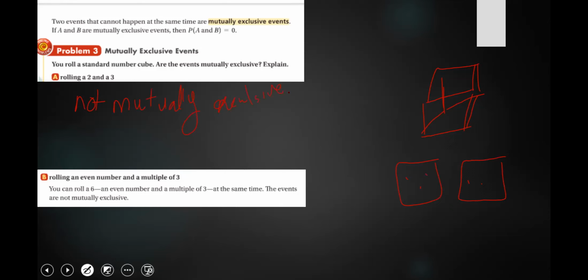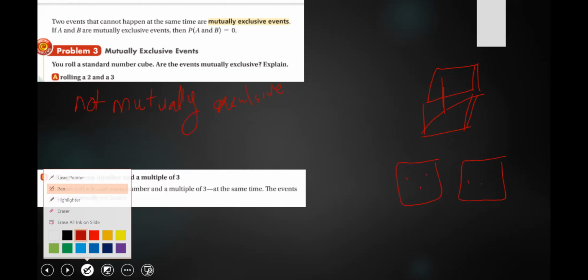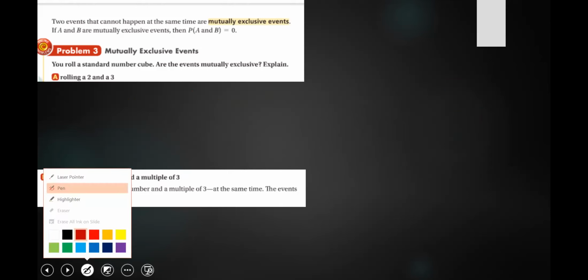The second one, rolling an even number and a multiple of 3. Let's think about it now. Here I'm talking about a standard number cube, so the maximum number here is 6.